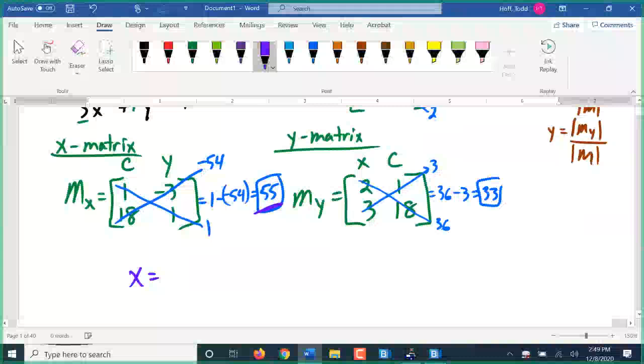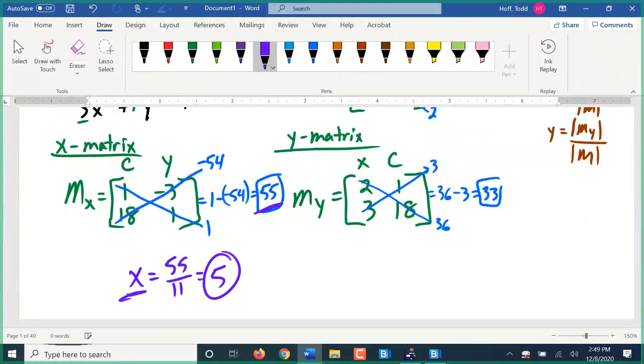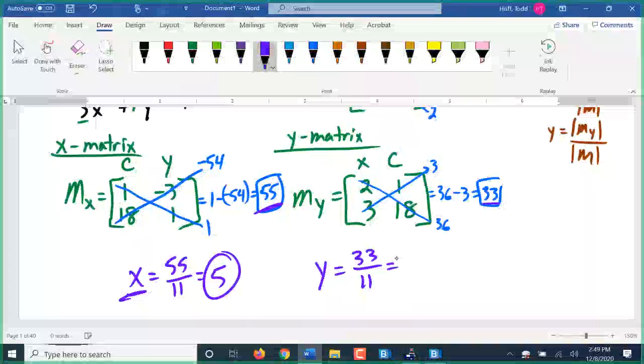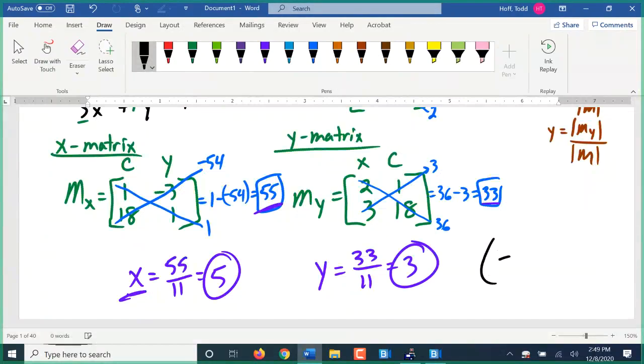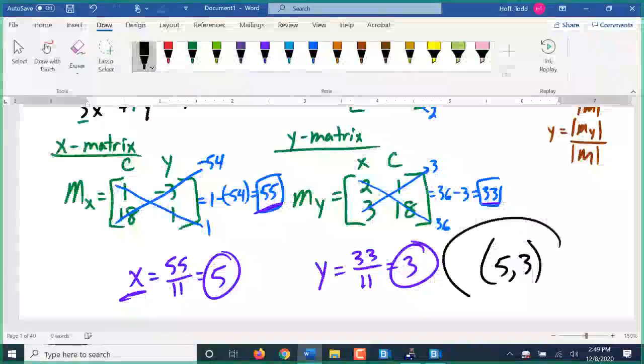The determinant of our X matrix is 55, so 55 divided by 11, you get X equals 5. For Y, the determinant of the Y matrix is 33, divided by the determinant of the base matrix of 11, we get Y equals 3. Our solution here, X is 5 when Y is 3. Pretty slick, actually.